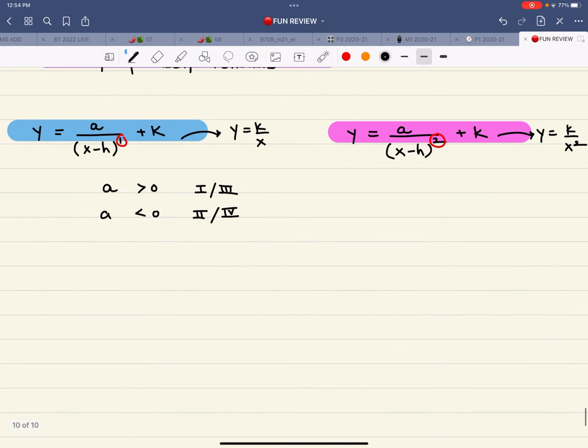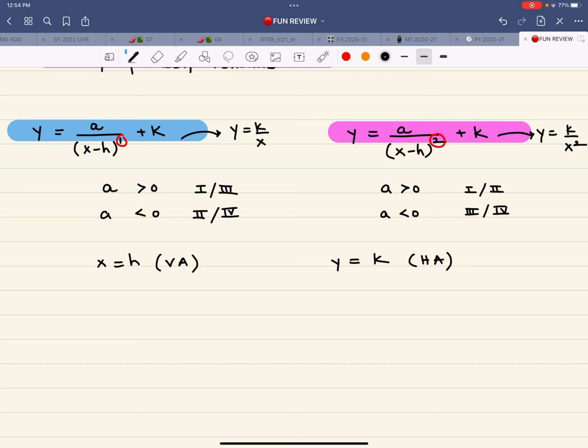Over here, if a is positive, that is first and second. And over here, if a is negative, that is third and fourth. If you remember the original one, you know how to flip it. What are h and k? It looks very similar to completed square. But x equals h is the vertical asymptote, and y equals k, in both scenarios, is the horizontal asymptote.